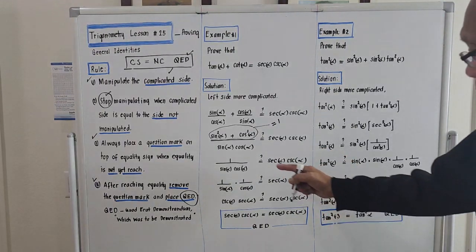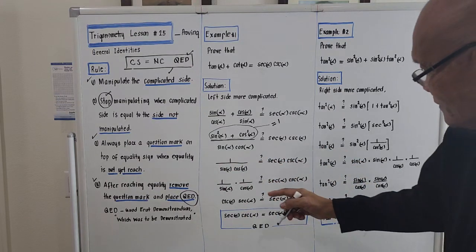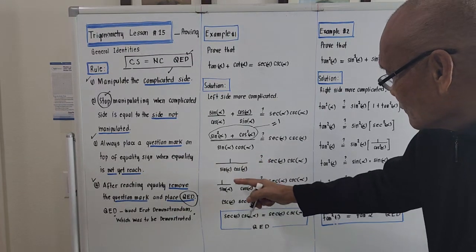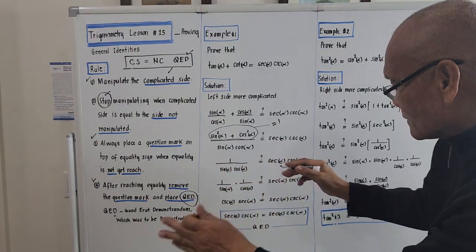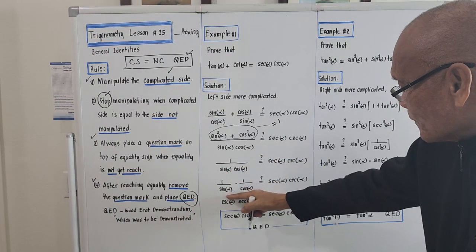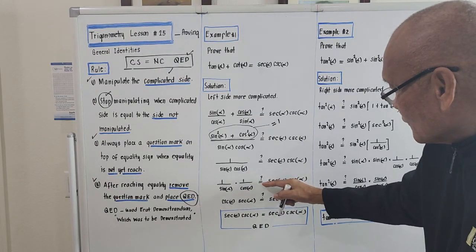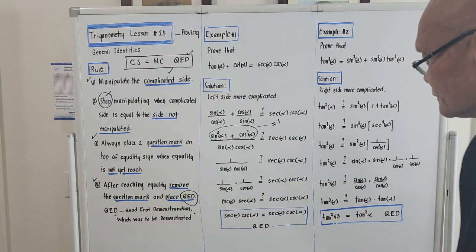The left hand side could be rewritten as the product of two fractions. 1 over sine alpha cosine of alpha can be written as 1 over sine of alpha times 1 over cosine of alpha. Is it equal to secant of alpha, cosecant of alpha?